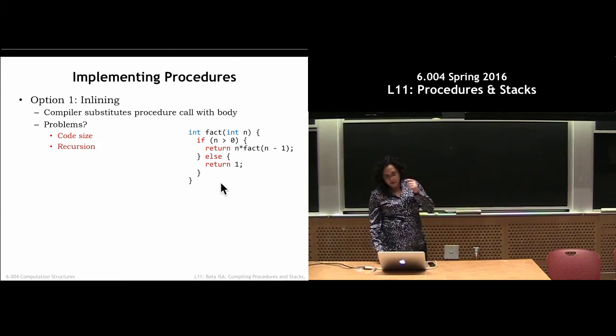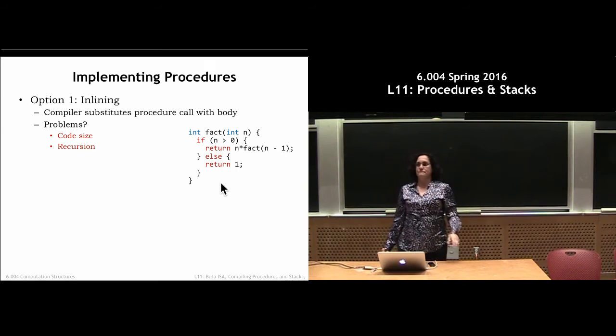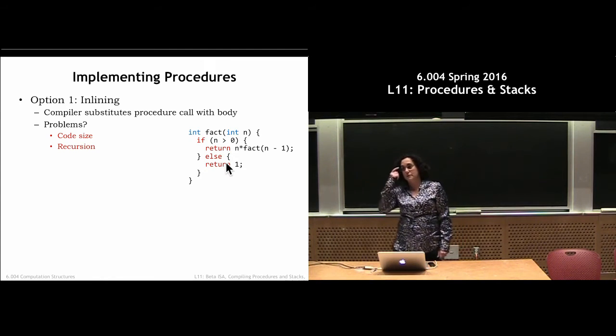It gets even worse when we deal with recursion, right? So what happens in recursion? Here we've got the definition for factorial, and within the procedure you call factorial again, and again, until you reach this ending condition, which is when n is not greater than 0 anymore.